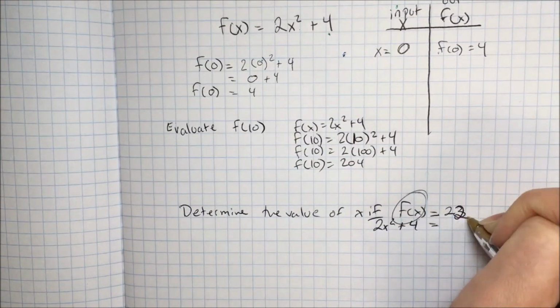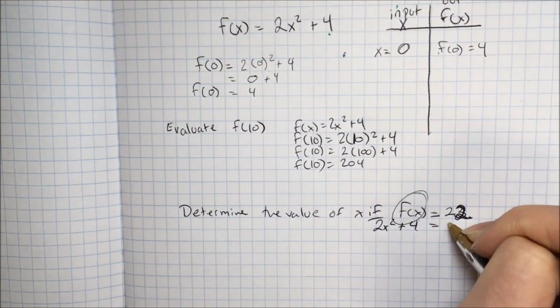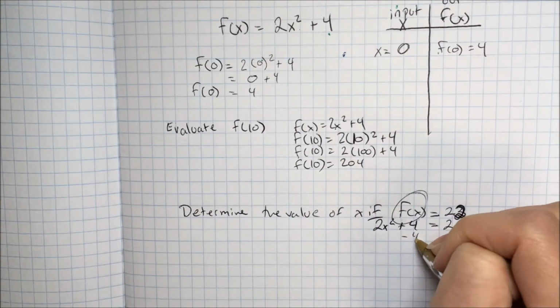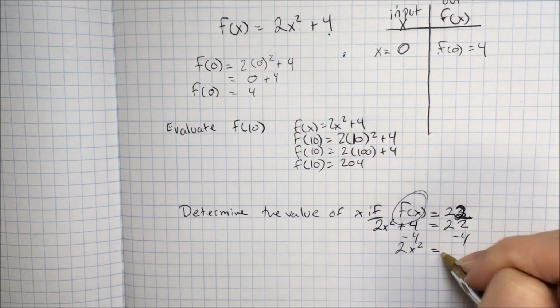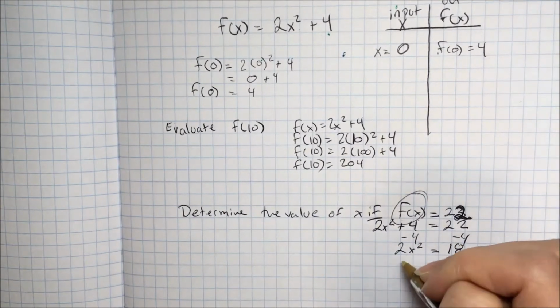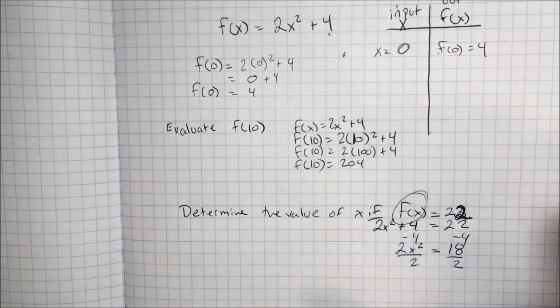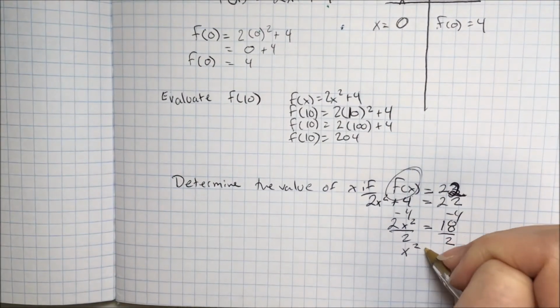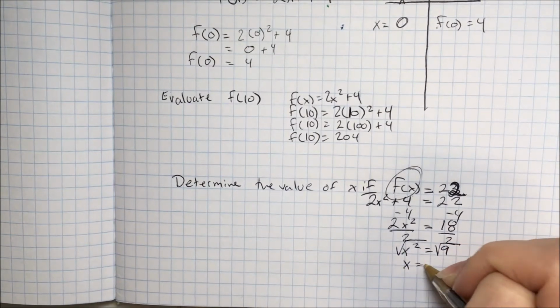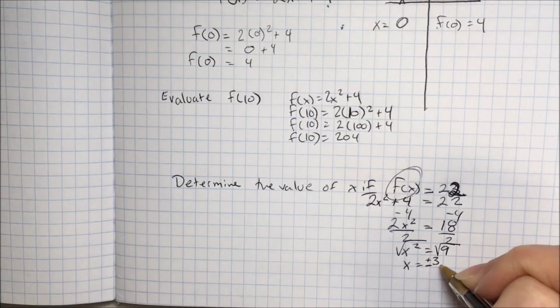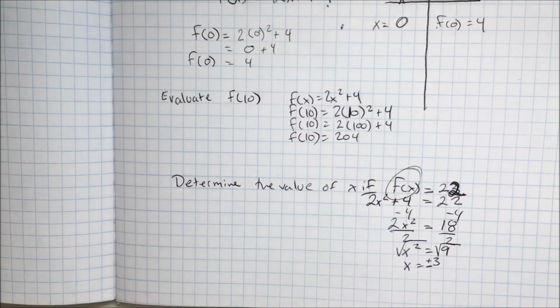Oop, should make that 22. Okay, so I'm going to subtract 4 from both sides. I'm solving for x now. 2x squared equals 18, divided by 2. X squared is 9. So if I take the square root, x could be 3 or negative 3. So plus or minus 3. Okay.